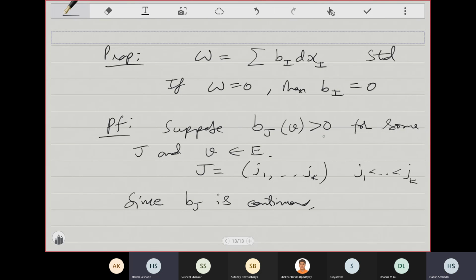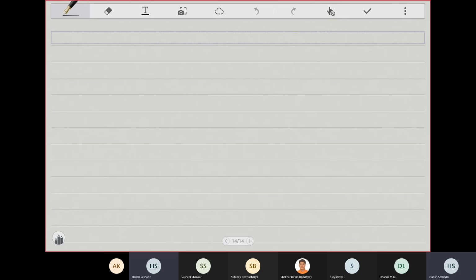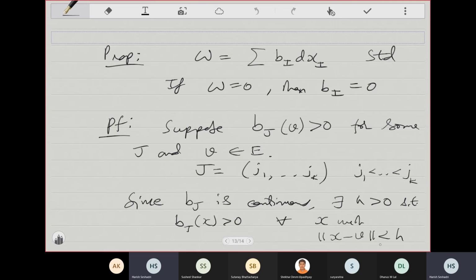If it is positive at some point V, it will be so in a small ball around that. There exists h greater than 0 such that Bj of x is greater than 0 for all x with norm x minus v less than h. Of course, you choose h so small that this ball is contained in E, otherwise B won't even be defined.